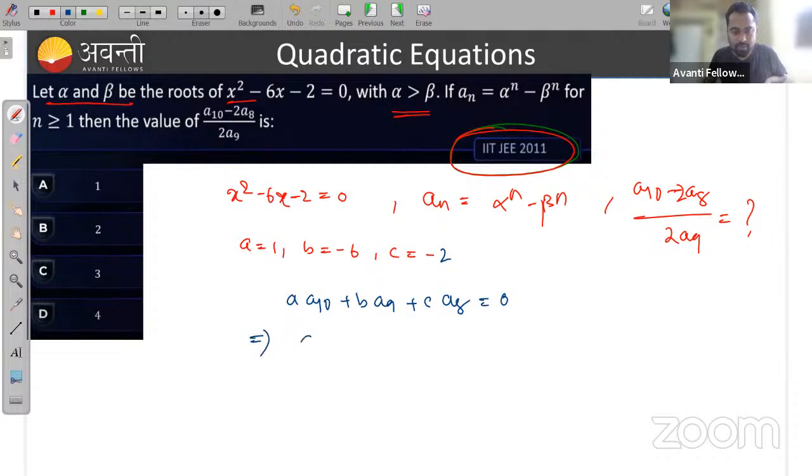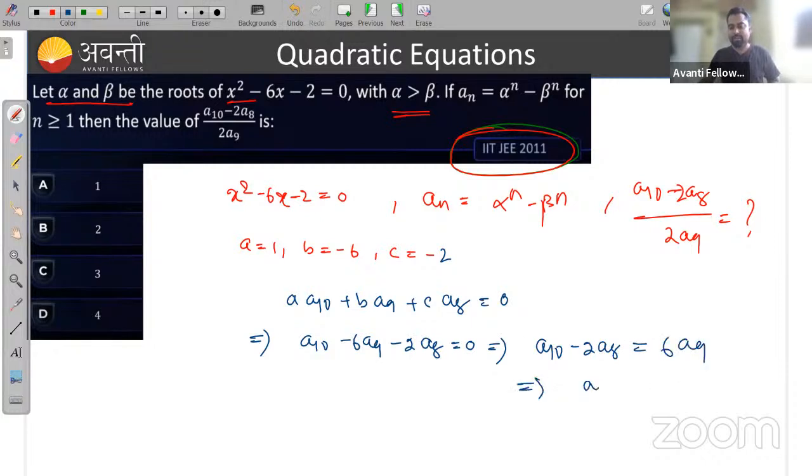So this becomes A10 minus 6A9 minus 2A8 is equal to 0. So in the numerator, we are having A10 minus 2A8. I'm keeping this A10 minus 2A8 on the left hand side and taking 6A9 to the right hand side. Now you can see here A10 minus 2A8.